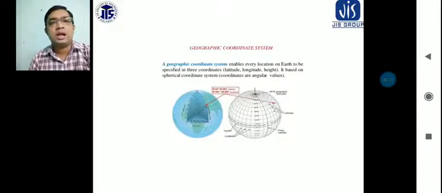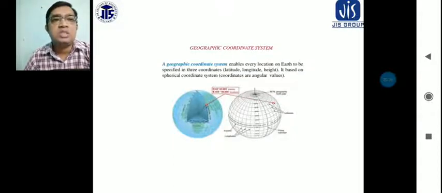Basically, when moving on the earth, at each and every point you have to give a coordinate. Suppose when we move from one place to another place, then at each and every place, stepping, one coordinate will be found.